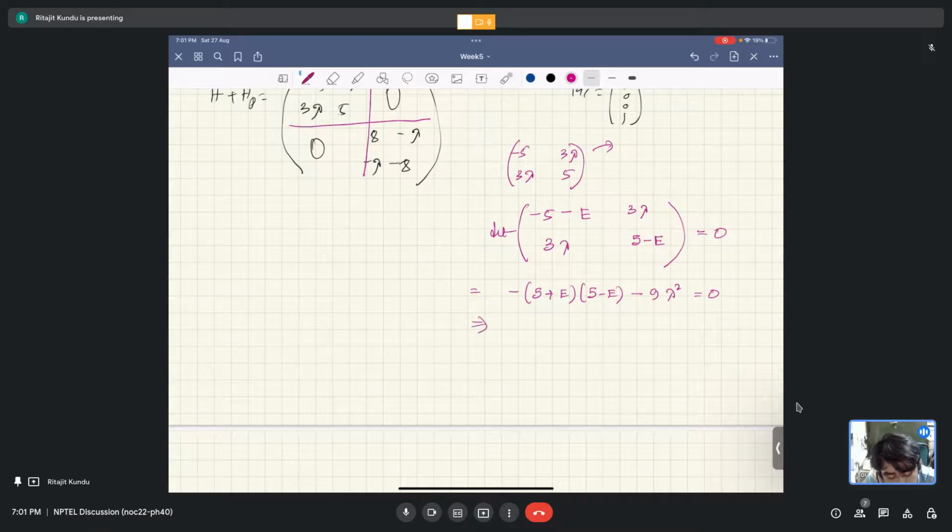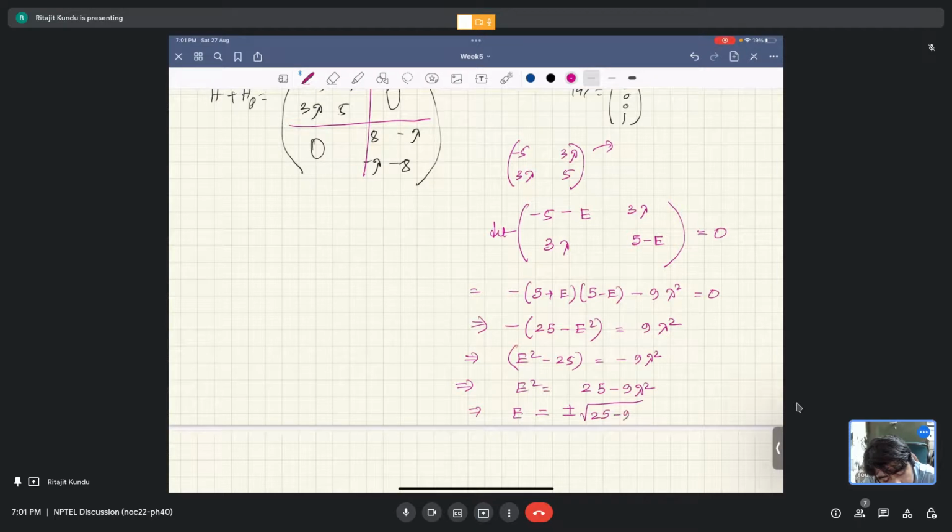Now let us solve for energy E. So these are the eigenvalues of the first block, and for the second block, let's calculate as well.